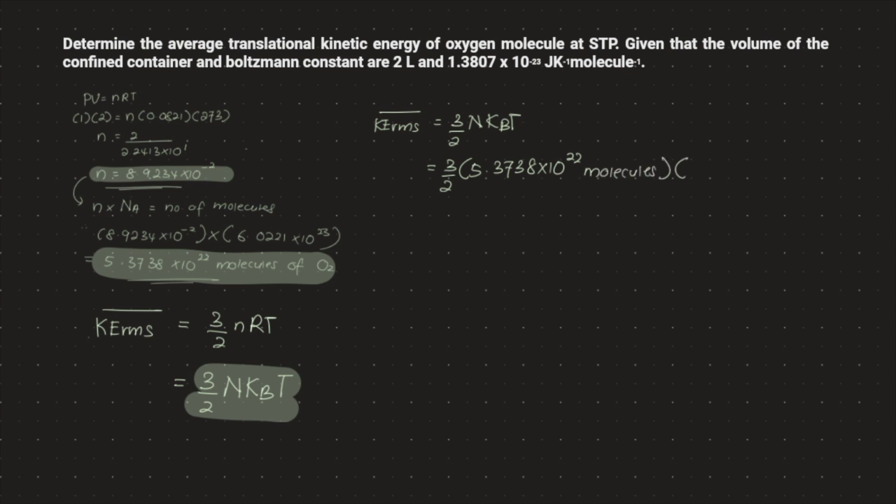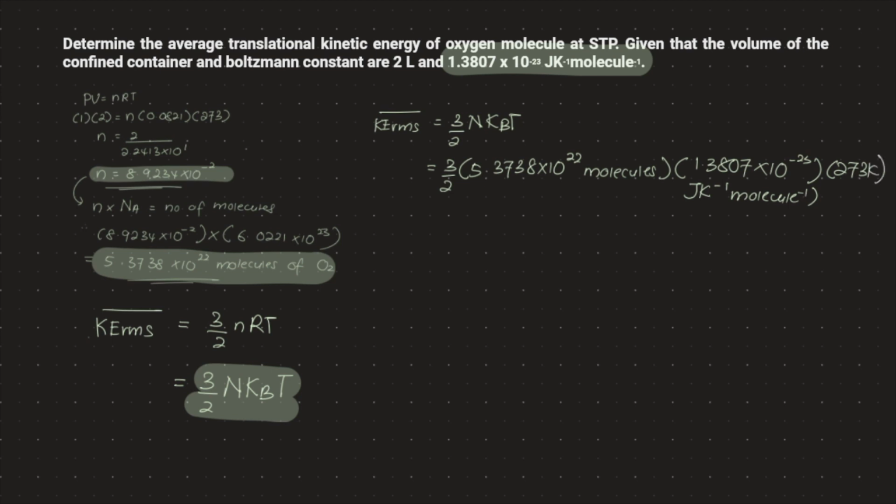And then the Boltzmann constant given to you in the question, 1.3807 times 10 to the power of negative 23, and the temperature in Kelvin. So this one is joule per Kelvin per molecule, and the temperature in Kelvin at STP is 273 Kelvin.